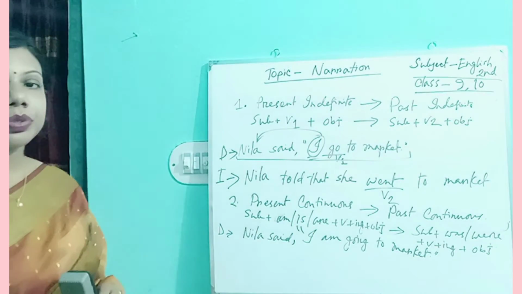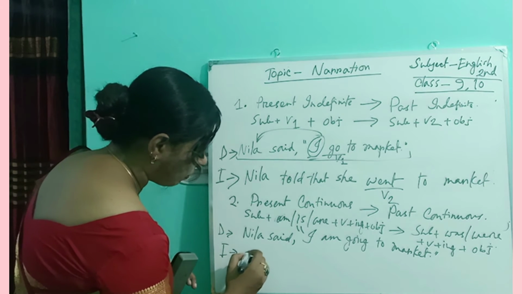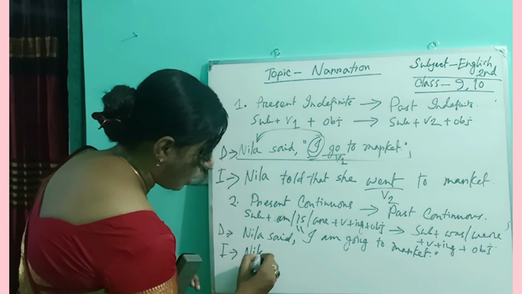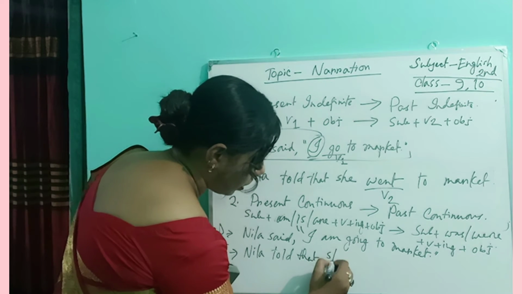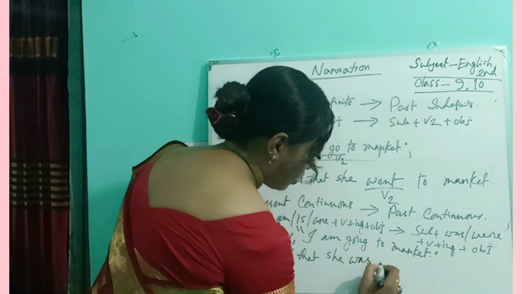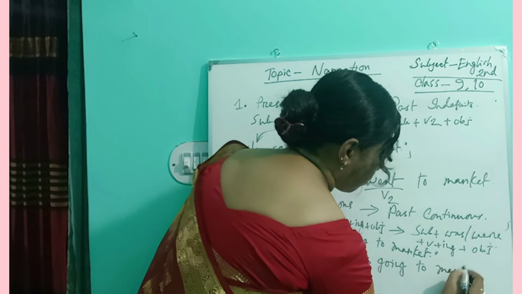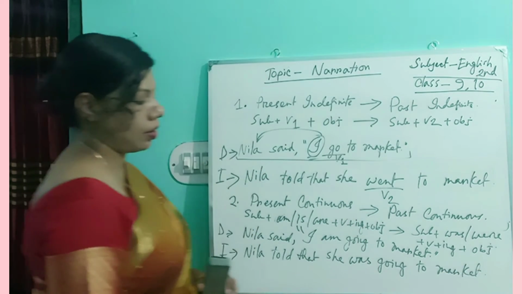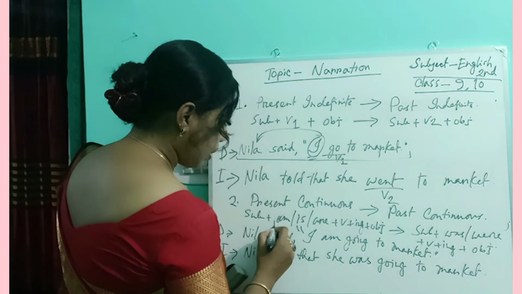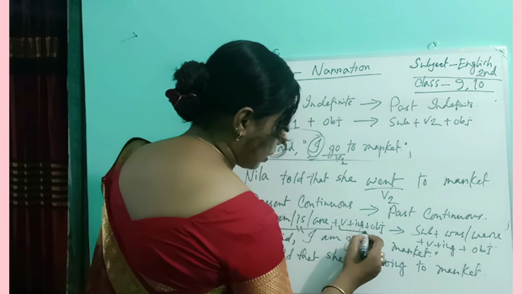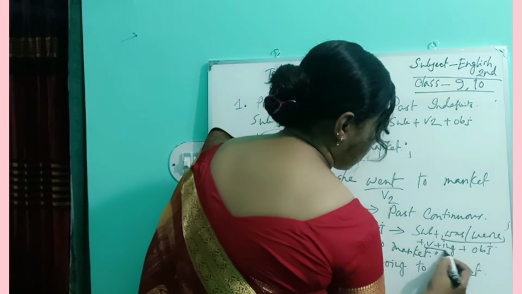In indirect it will be: Neela told that she was going to market. Here the change is am, is, are plus verb ing, and here was, were plus verb ing.